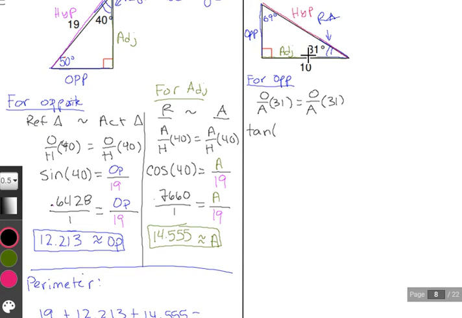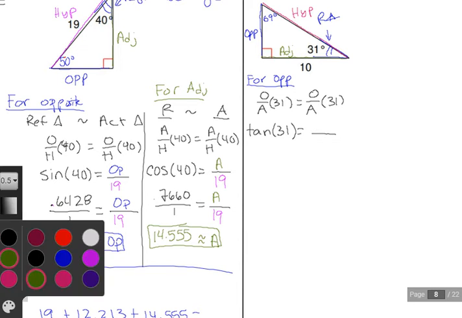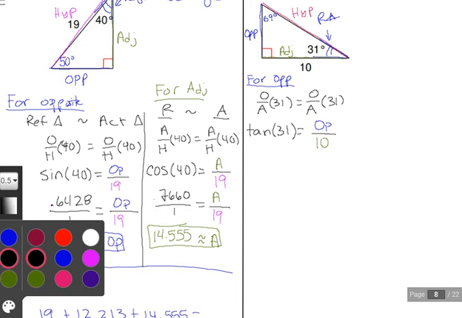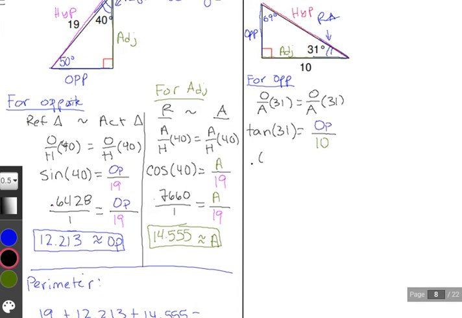And from your actual triangle, we have the O side, or the opposite side, which is unknown, and the adjacent side is given to be 10. Okay, so for the calculation, we now need to convert to a decimal. So the tangent of 31 is 0.6009 over 1 for cross products, equal to OP over 10.